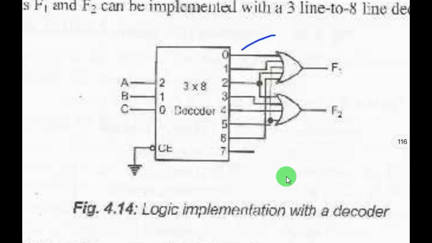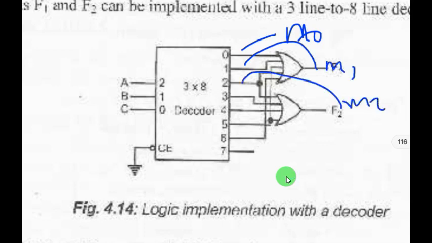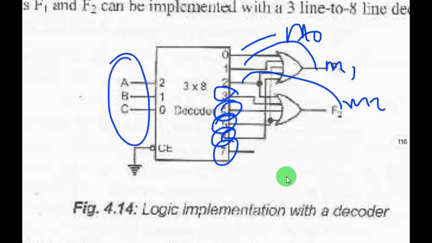Output 0 is equivalent to minterm 0, minterm 1, minterm 2, 3, 4, 5, 6, and 7. So if you are to express minterm 7 in form of variables A, B, and C, it would be equal to what?